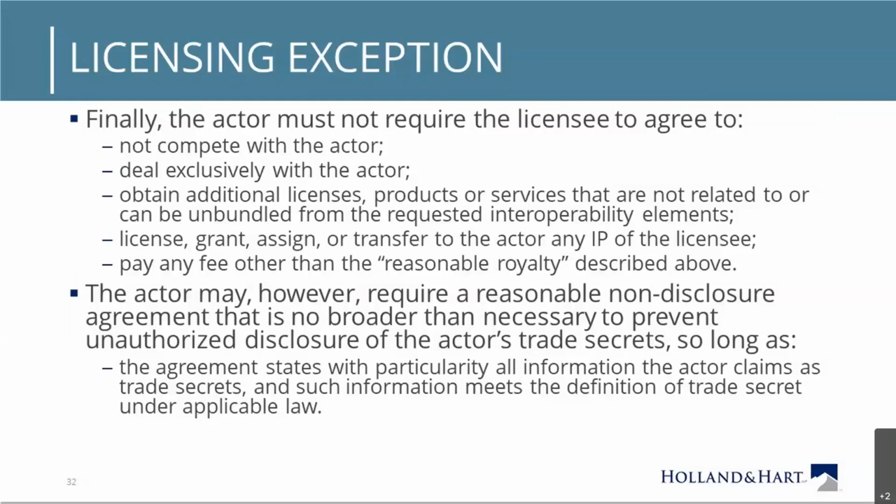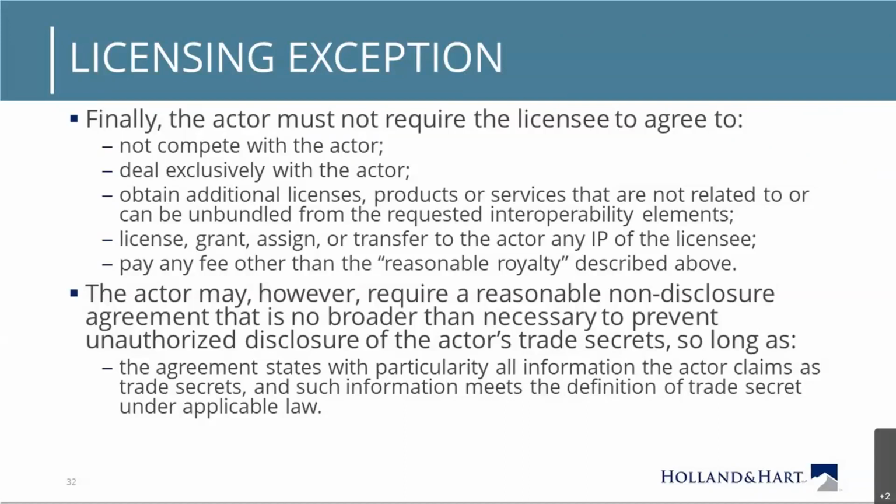There's not a lot in the rule that really describes what would constitute a reasonable royalty. However, in the preamble, there was a lengthy discussion identifying several factors, and the factors were actually pulled from case law. So some examples of what those factors in determining the reasonableness of a royalty are: how much are the royalties that the actor receives for licensing these proprietary elements in other circumstances?